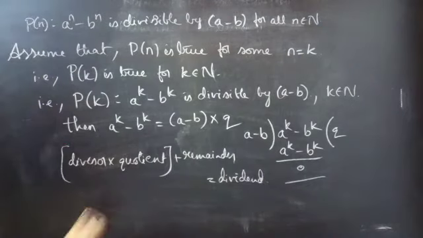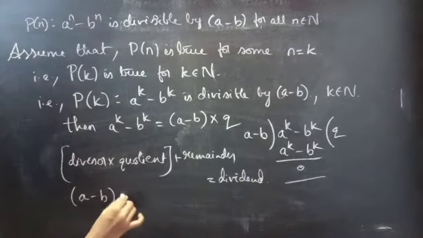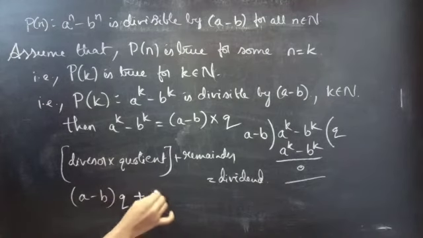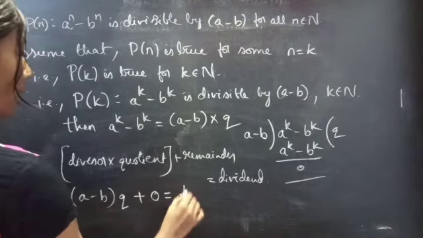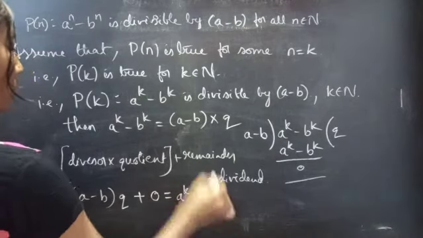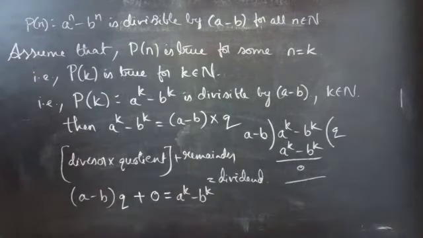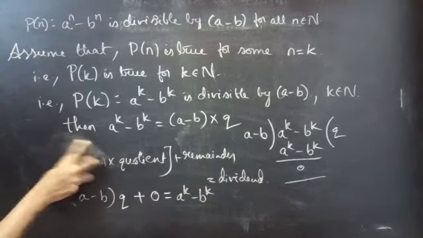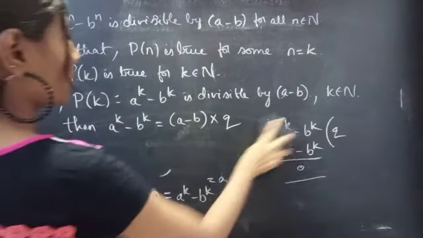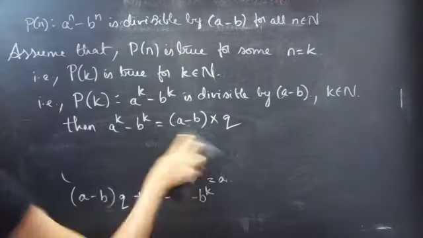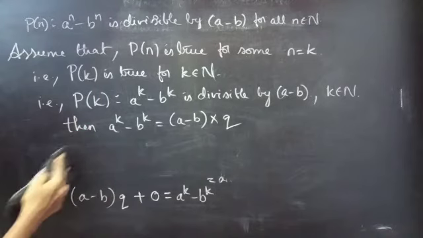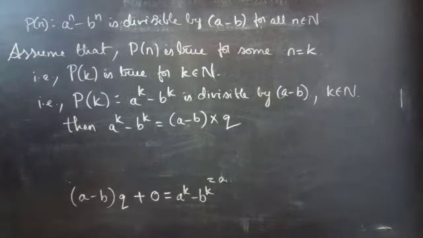We all know this formula, right? Divisor a minus b into quotient q plus remainder 0 must give a power k minus b power k, right? We have to assume this is true. We have already proved for n equals 1, 2 and 3, right? For k, we'll assume, right?